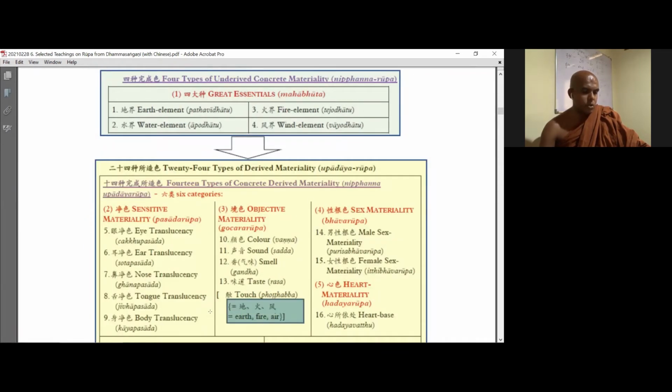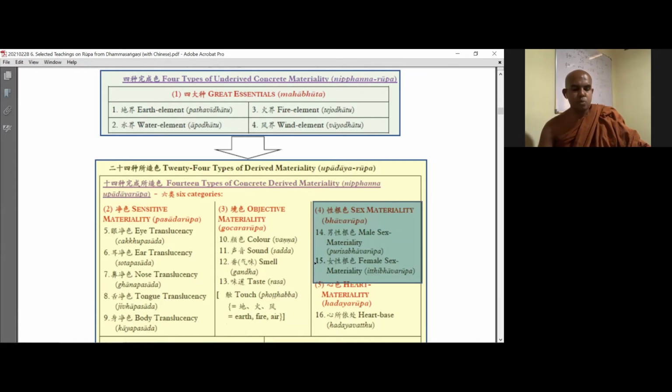But according to the Upada group, we are not calling touch. But there we have to take only color, sound, smell, and taste only. Only 4 according to the Upada Rupa. And about the 2 Bhava Rupa, 6 materiality. What are the male 6 materiality and female 6 materiality? Itthi Bhava and Purisa Bhava Rupa.